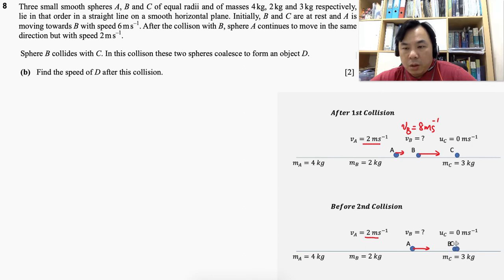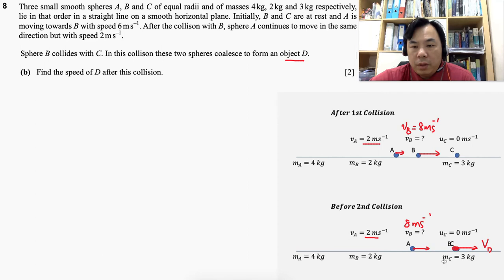Now bear in mind, just before B collides with C, its speed is 8 meter per second. So when it collides, it coalesces. This whole thing is known as object D. This object D will be moving with a certain velocity. Let's call that vD, since it refers to object D.